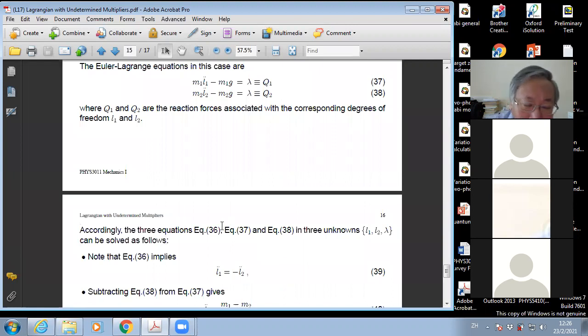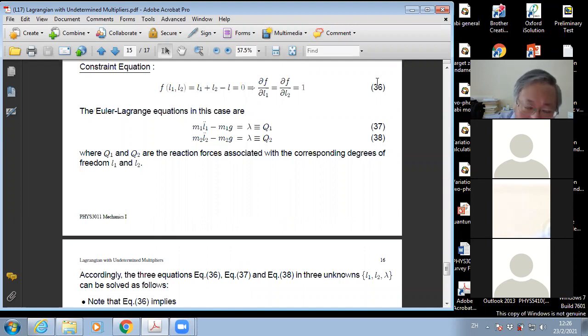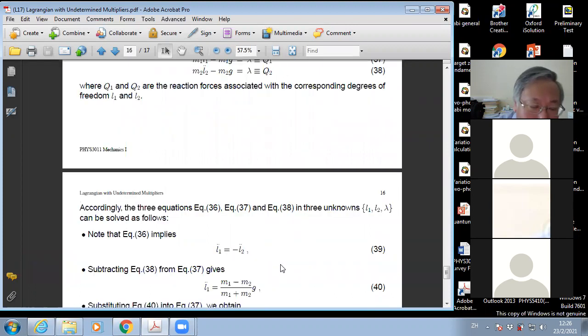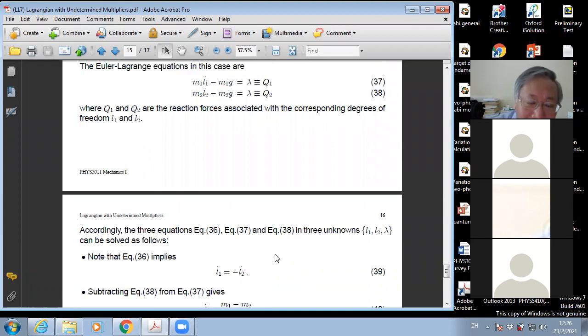According to the three equations, equations 36, 37, and 38, we know that 36 implies l1 double dot equals minus l2 double dot.